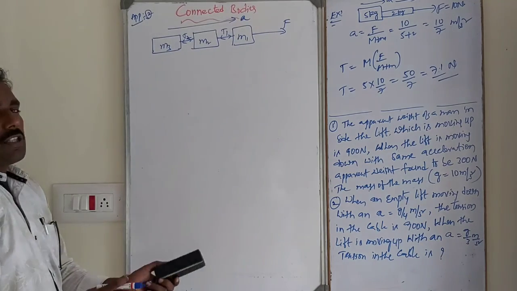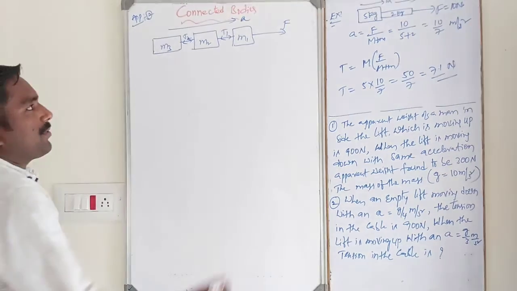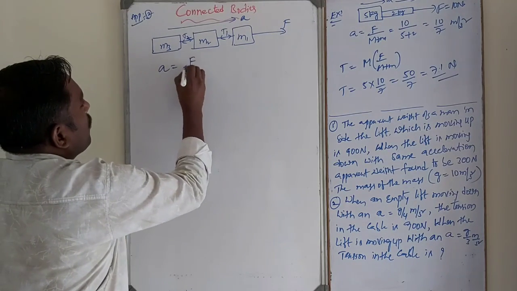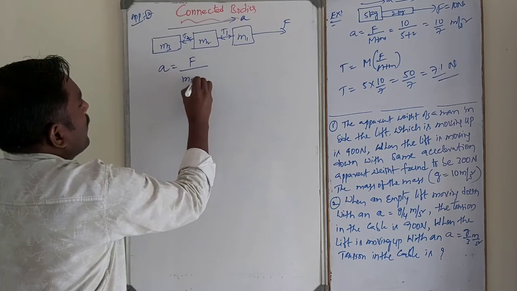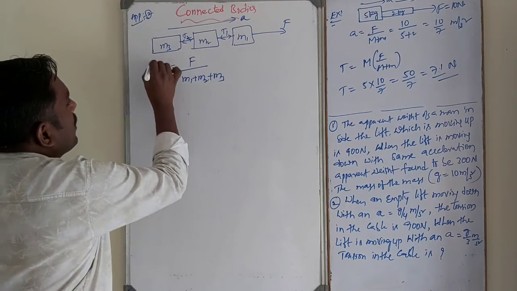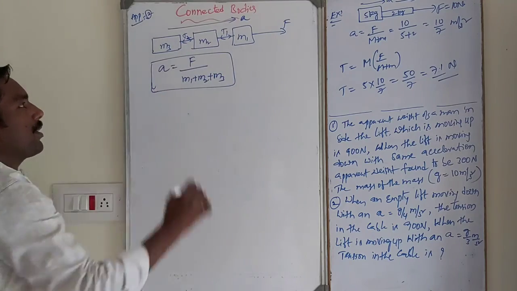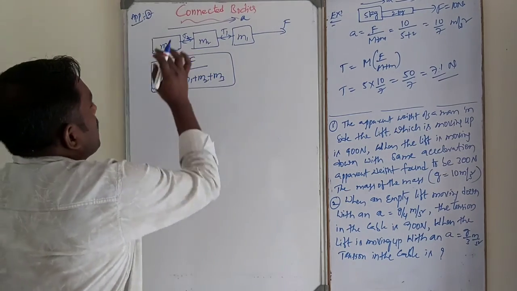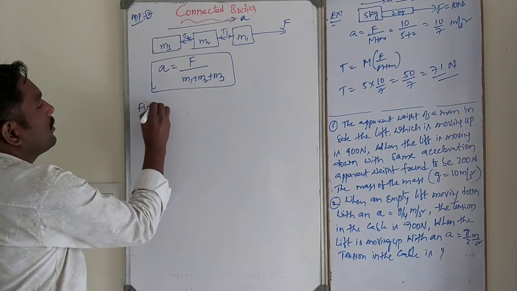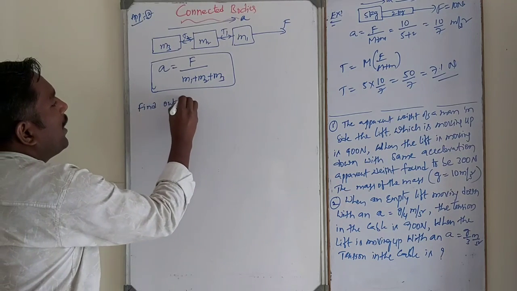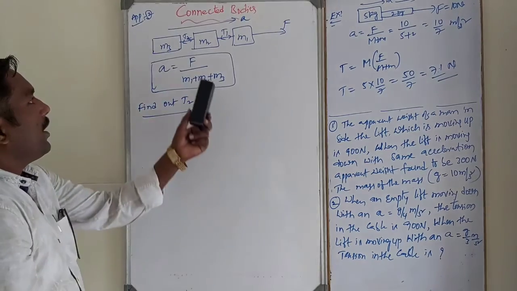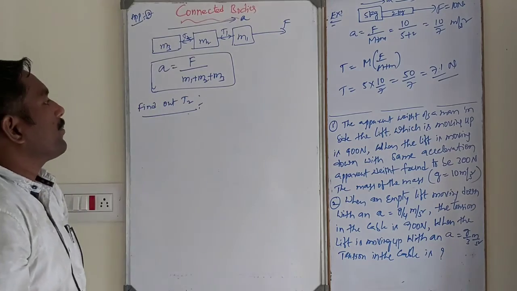First of all, we calculate the acceleration of the system. Already we know total acceleration is equal to total force divided by total mass, M1 plus M2 plus M3. This is the acceleration of the system, very important. Then first of all, find out T2, the tension between M2 and M3.